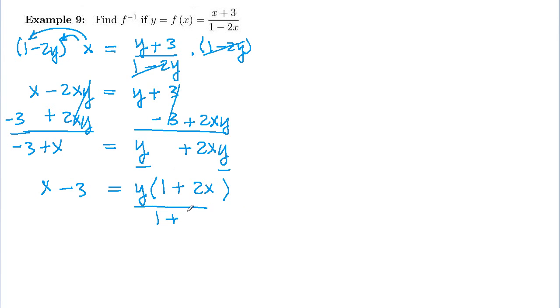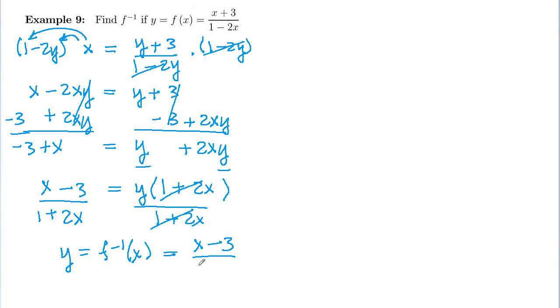So let's divide that guy off both sides. And these guys cancel. And then there's our y equal. So our y, which is f inverse of x, is going to be x minus 3 on top. And then denominator 1 plus 2x.